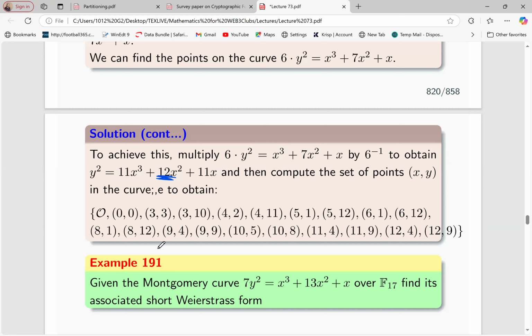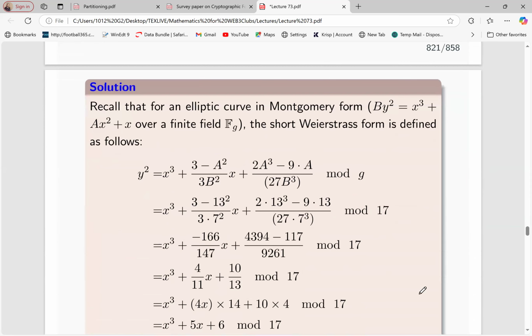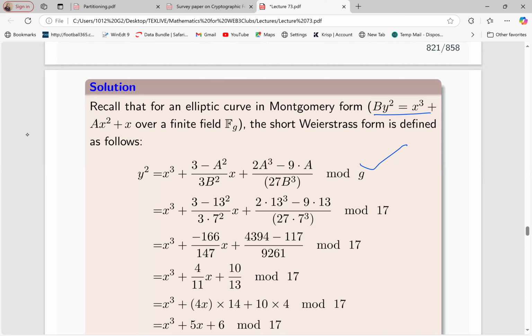Now, converting Montgomery to Weierstrass is very easy. As I pointed out when we began, the formula will be this: if you are given the Montgomery equation, this Montgomery equation, and you're asked to convert to short Weierstrass, what you require is to know that the short Weierstrass is an equation of this form.